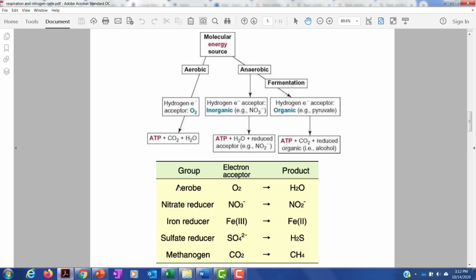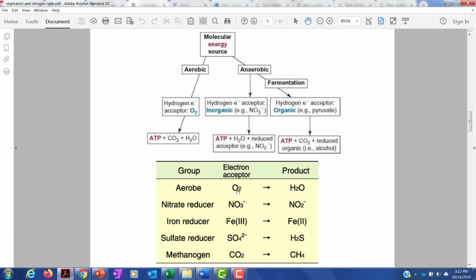So if you have oxygen and you add a biological oxygen demand, let's say you have a nice oxygenated water coming out of the mountains, it's got 10 parts per million, the water's cold and wonderful, and you throw in a bunch of energy source, you throw in a bunch of biological material, bacteria will love that, and they will use the oxygen as an electron acceptor and produce water.